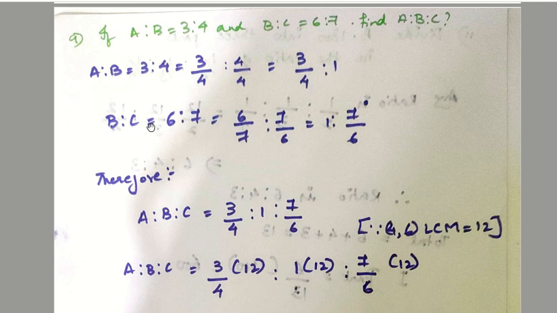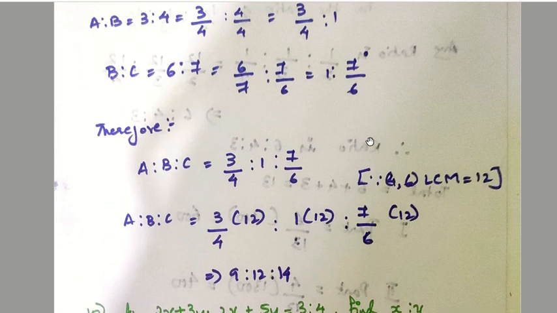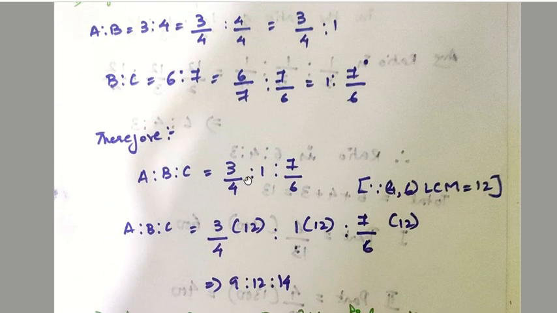In the same way b is to c, which is 6 is to 7. So b you can put it as 6 by 6, which is equal to 1. So 6 by 6 is to 7 by 6, which is equal to 1 is to 7 by 6. Therefore a is to b is to c is equal to 3 by 4 is to 1 is to 7 by 6, because you're just bringing the value of b as the common factor to be 1.